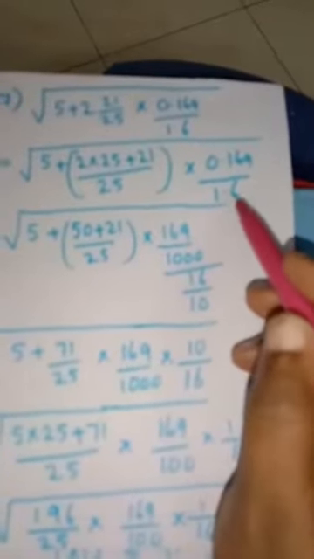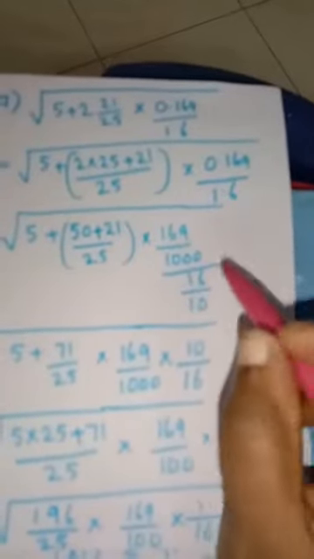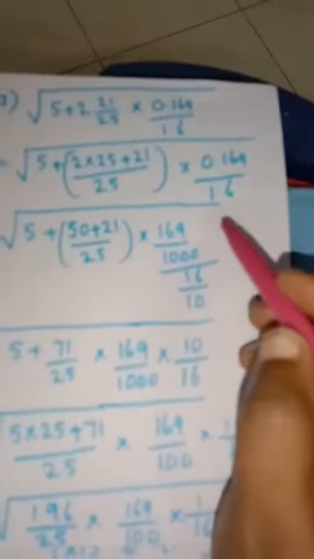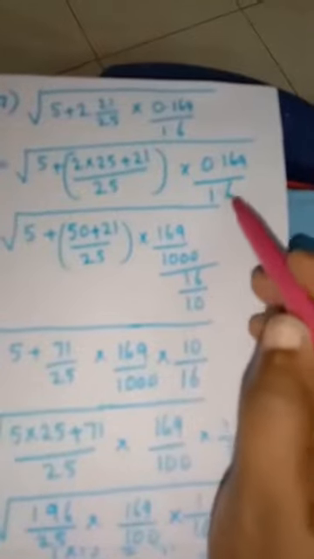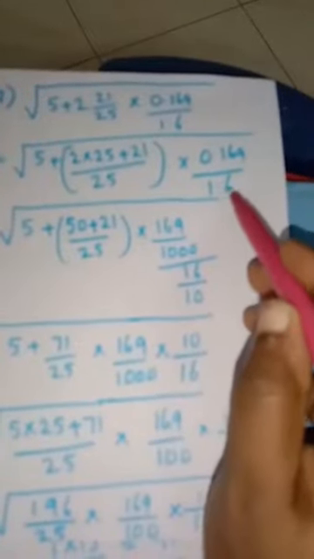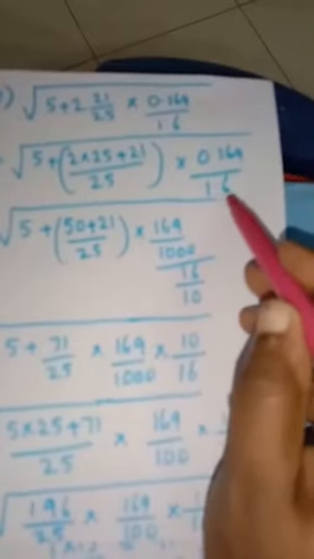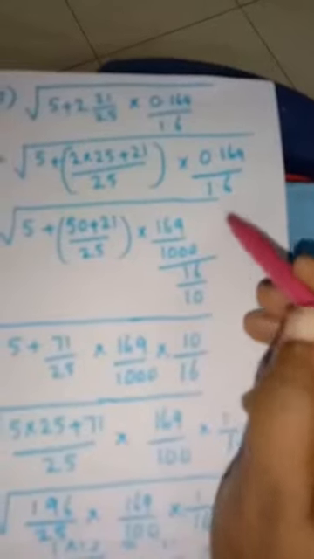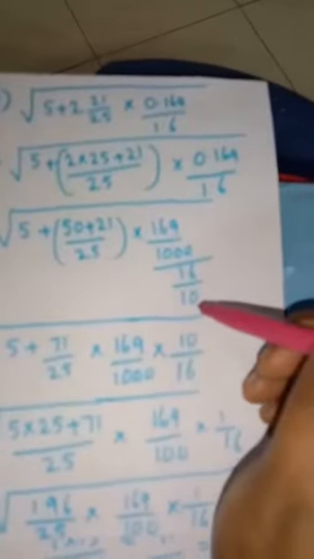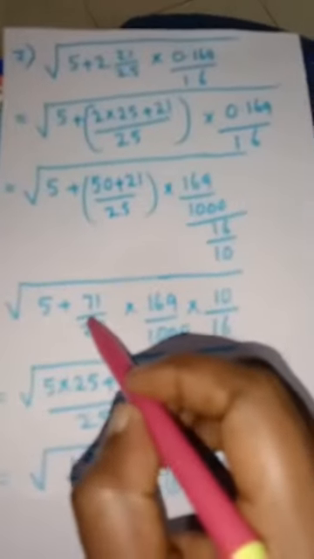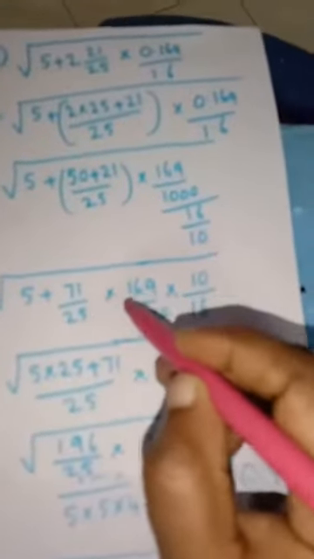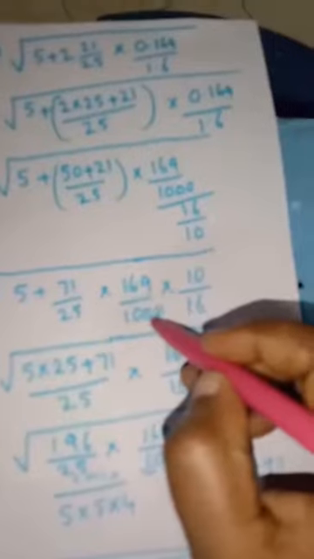How to make it a fraction? 16 by 10. After the decimal, one place, that is the tenth place. So 16 by 10, which is equal to 5 plus 71, 50 plus 21 is 71 by 25 into 169 by 1000.